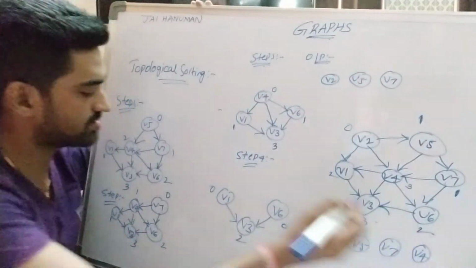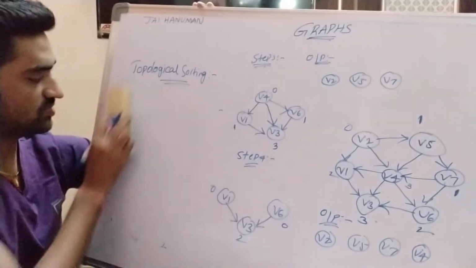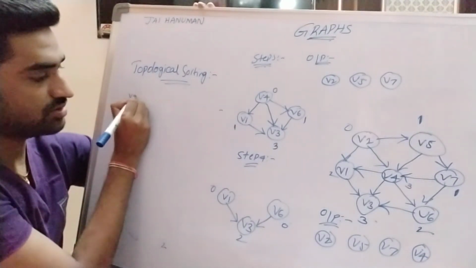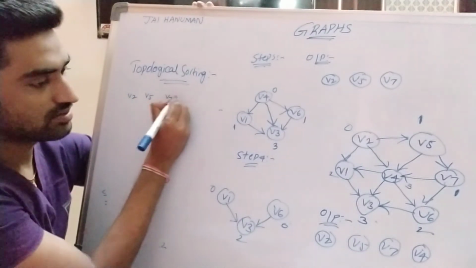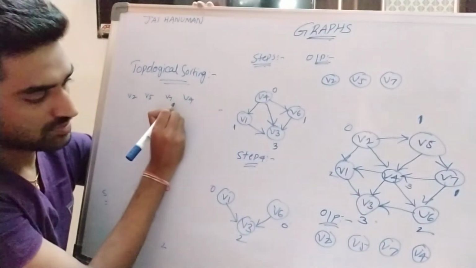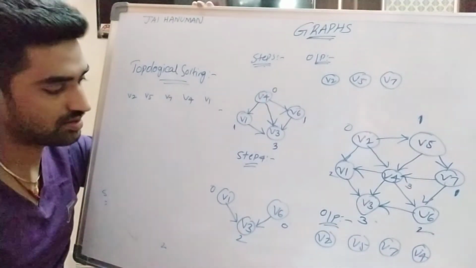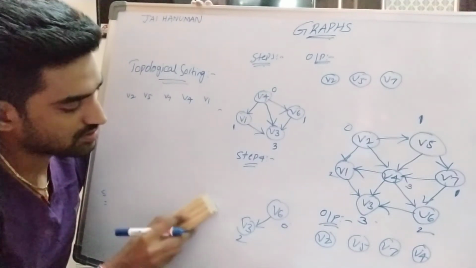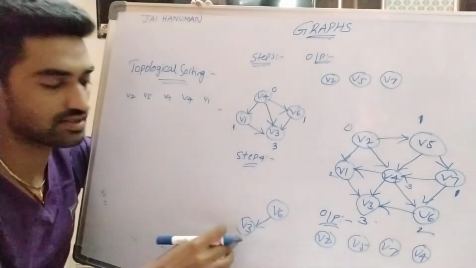Now output becomes V2, V5, V7, V4, V1, right? So after removing V1 I am calculating the in degree for this graph, right?